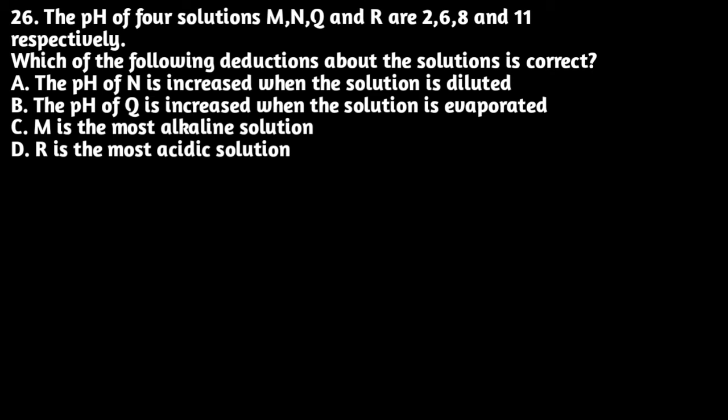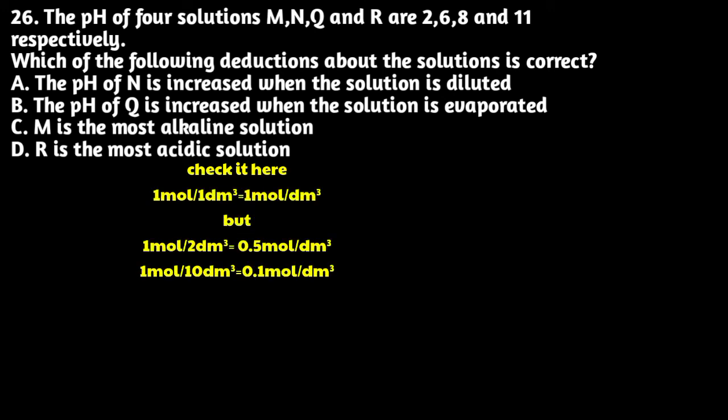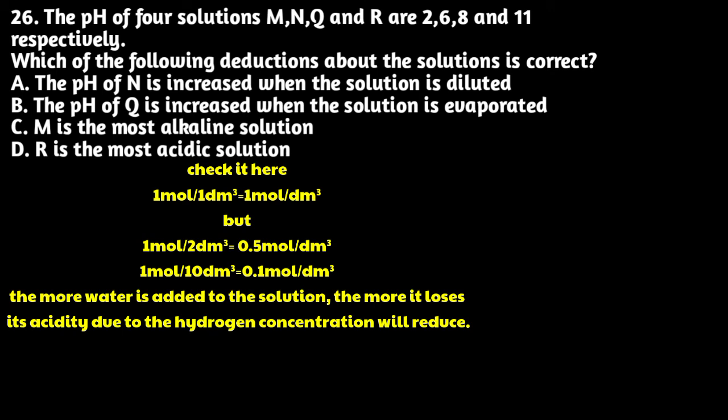Now look at this. The pH of N is increased when the solution is diluted. If the solution is diluted, that means that we are adding more of water to it. That means that the number of hydrogen ion present in that solution is now by ratio reducing. For instance, if the concentration was 1 mole of hydrogen against 1 dm cube, now you add more water to it, you're going to have 1 mole of hydrogen against 2 dm cube.